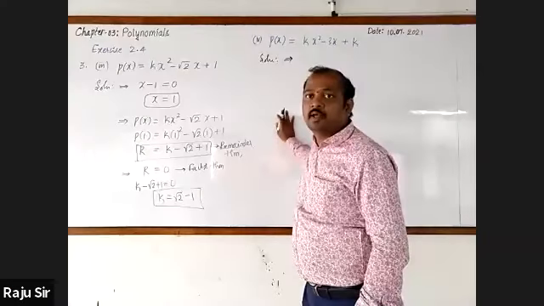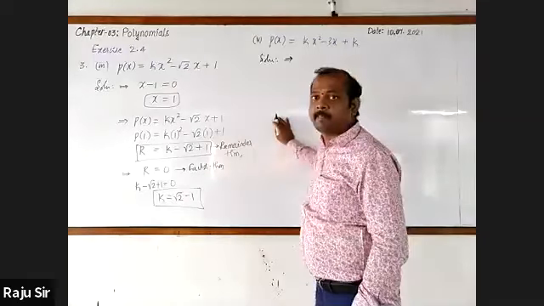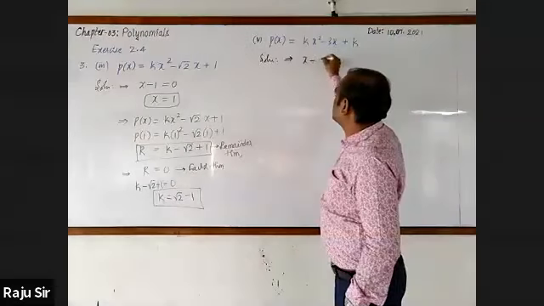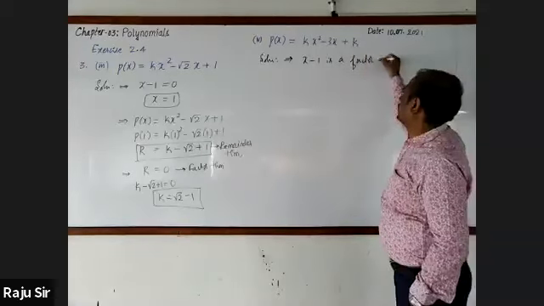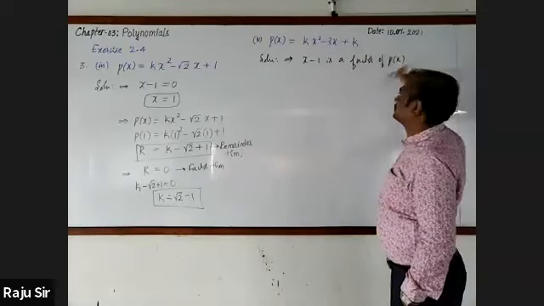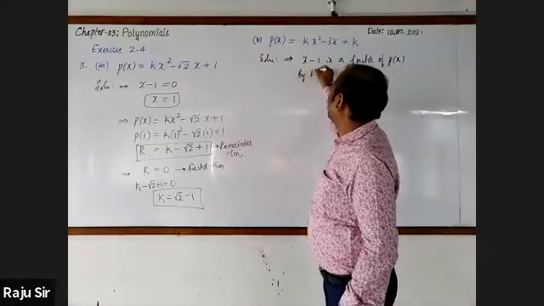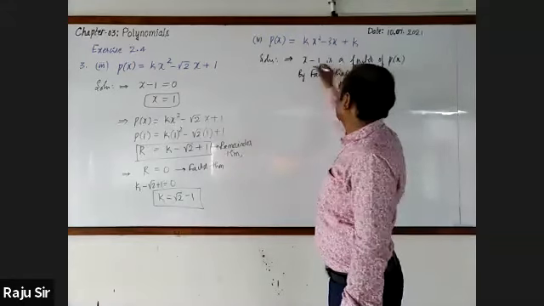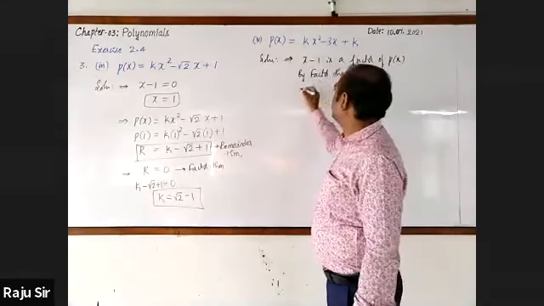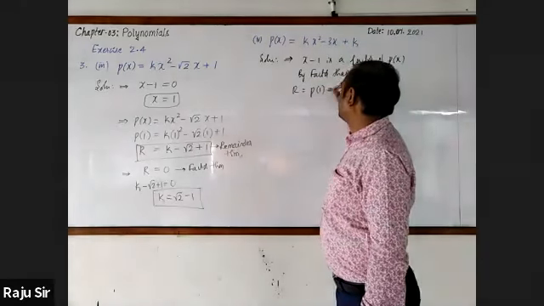Observe. I'm going to solve this in another method. Look here. They only have given x minus 1 is a factor of P of x. If x minus 1 is a factor, by factor theorem, remainder, that is P of 1, is equal to 0.